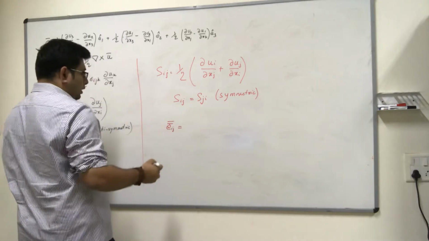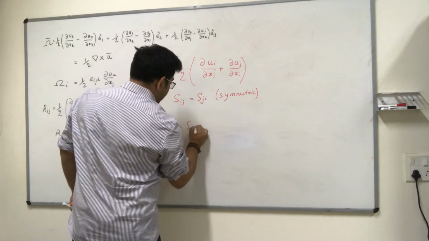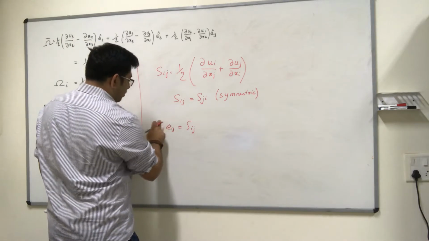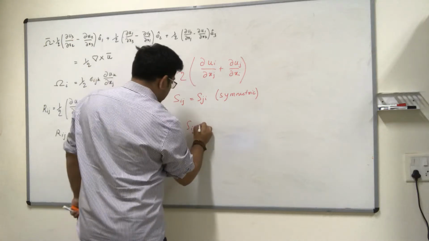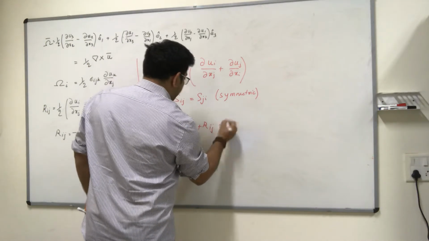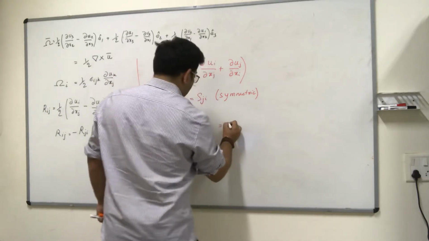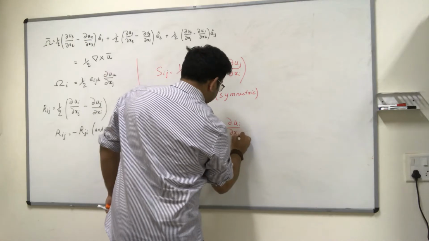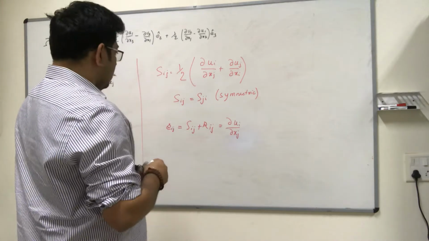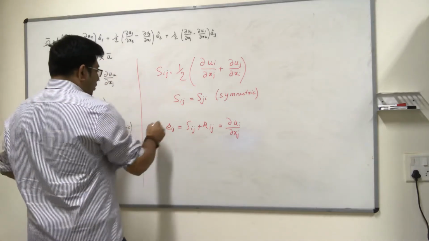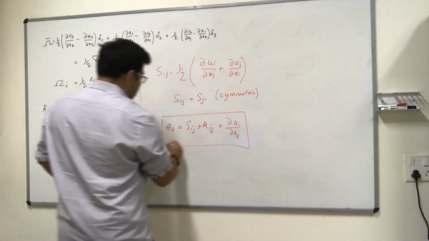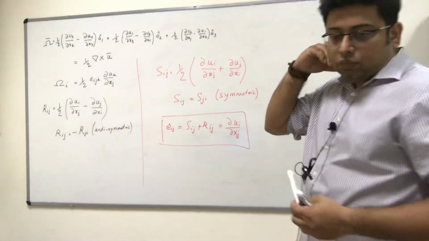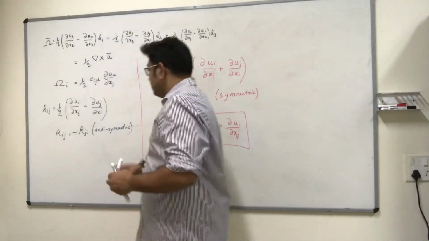If you want, you can put a dot here, but I'm writing it in component form right now. This tensor is going to be important to us, and we'll come back to it a little later. These are just the components of this tensor.